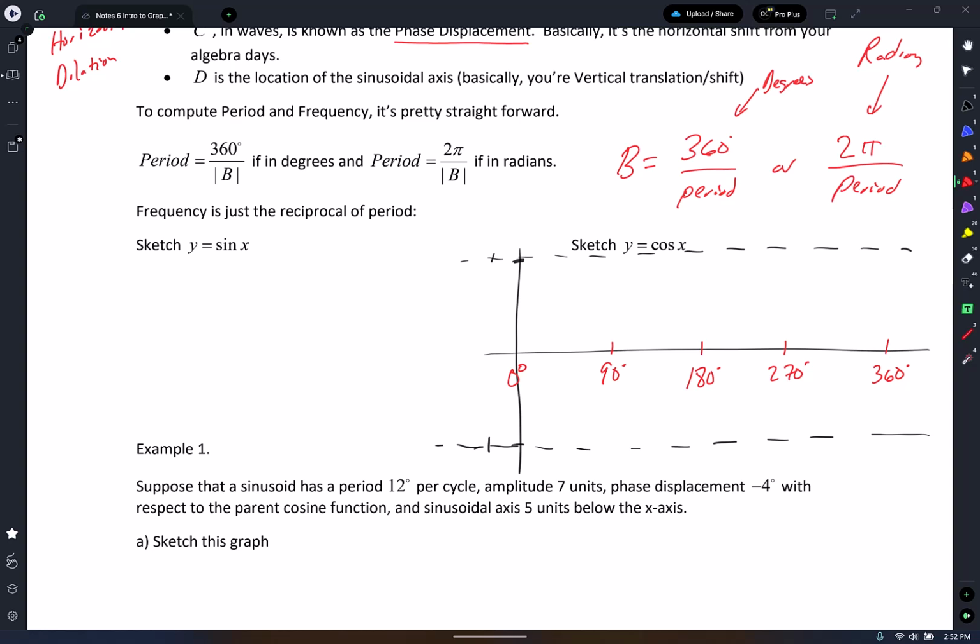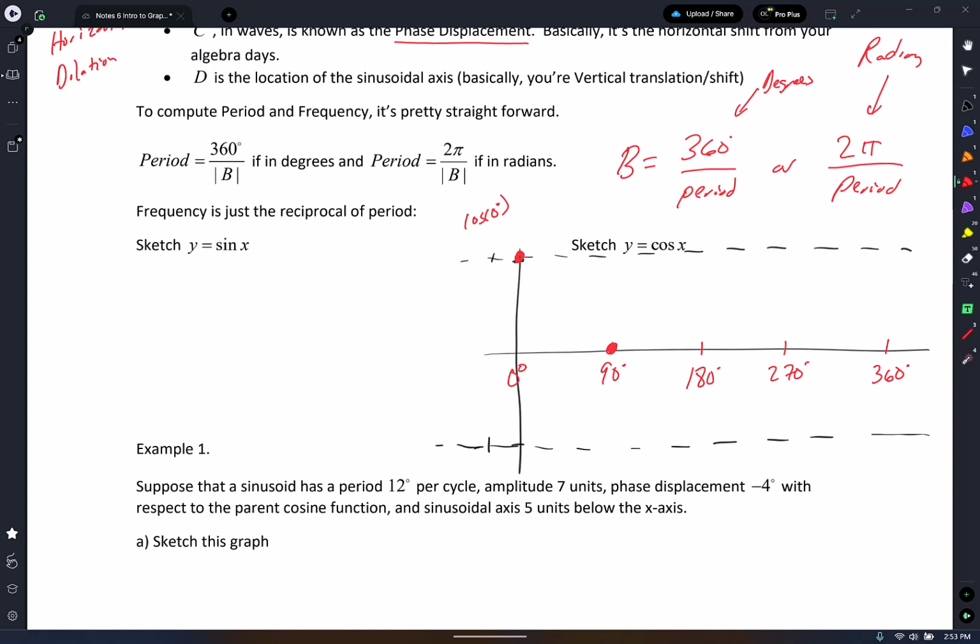Are we okay so far? Check it out. You guys just finished doing the unit circle, but now we're in degrees. What is cosine of 0 degrees? Is it 0 or is it 1? 1. Go to 0, put a point at 1. What is cosine of 90 degrees? 0. Go to 90 degrees and put a point at 0.